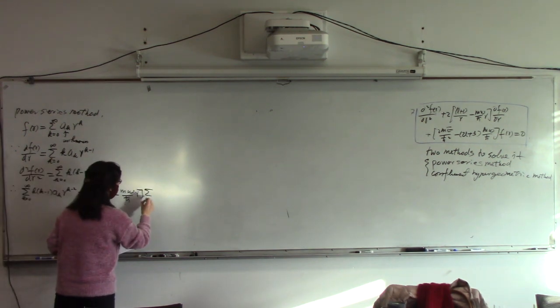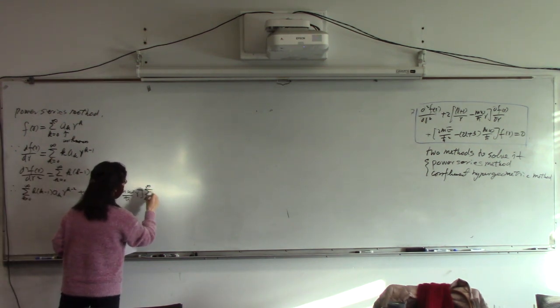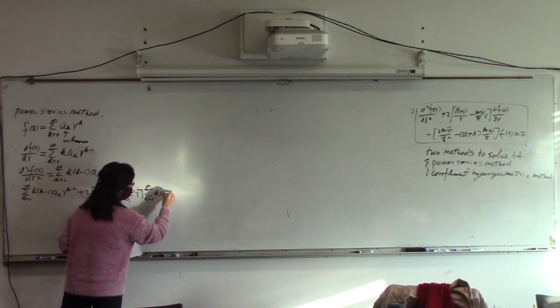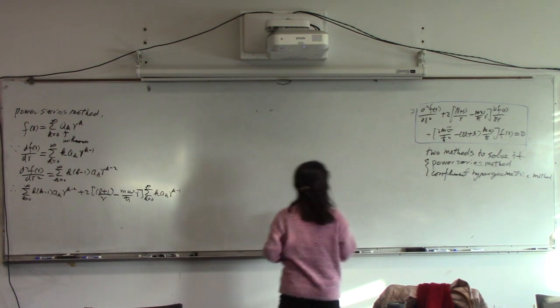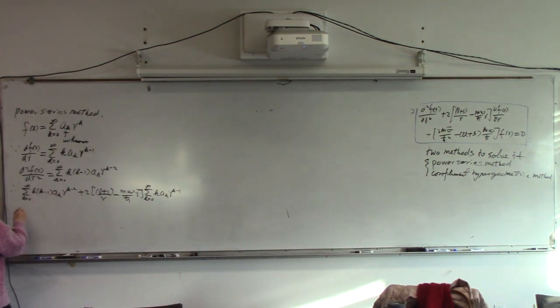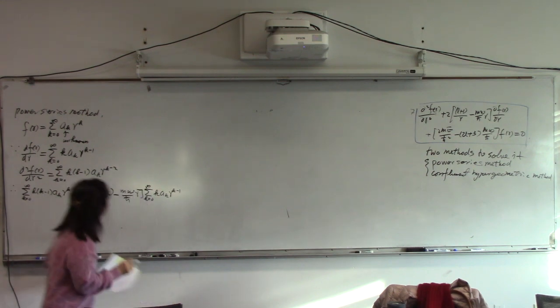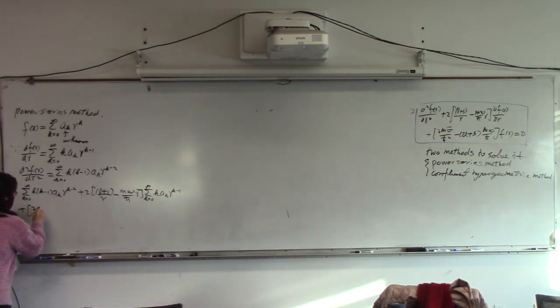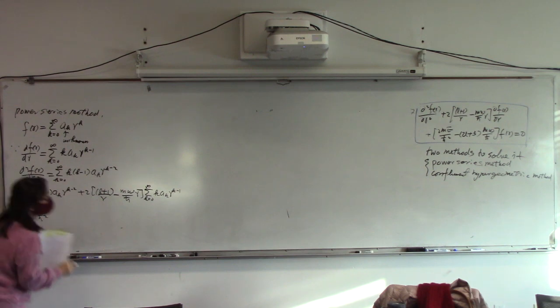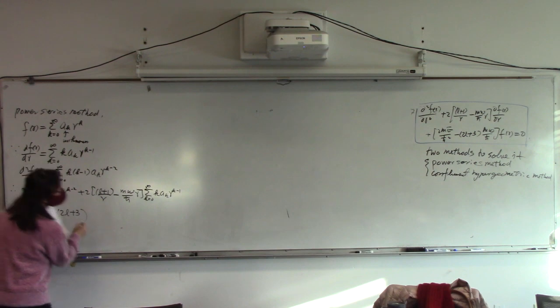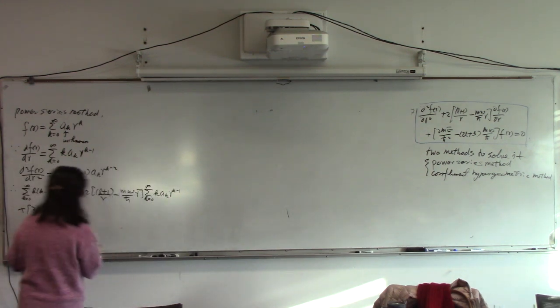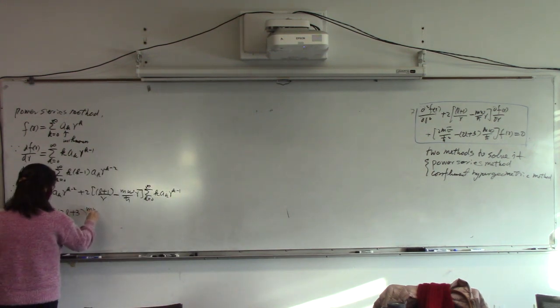So that is summation k from 0 to infinity k a_k r^(k-1). Then the zeroth order, plus 2mE over h bar squared, minus (2l+3), yes, 2l+3, and m omega over h bar.